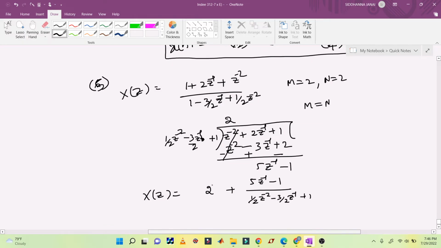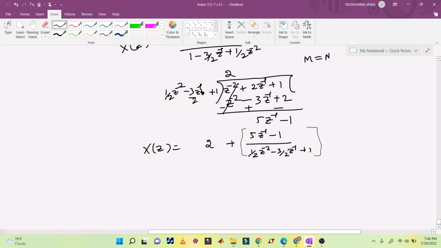So now this 2 we already know what is the inverse Z transform. It is 2 into delta of n. Directly we can write at the end. That's why we will solve the Z transform only for this term. Okay, you already know how to solve it.